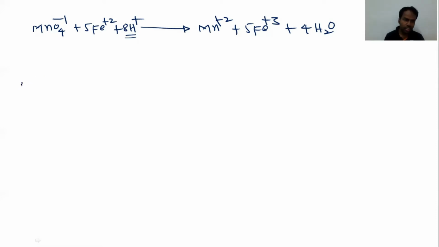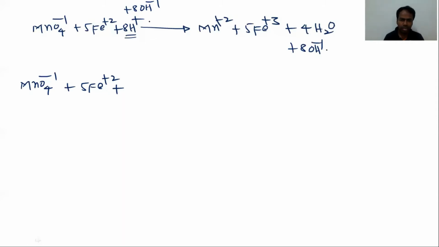Now add this here: MnO4⁻ + 5Fe²⁺. If we add 8 OH⁻ ions on both sides, here 8 OH⁻ ions, and here also 8 OH⁻ ions. See here, 8H⁺ and 8 OH⁻ form 8 molecules of water.